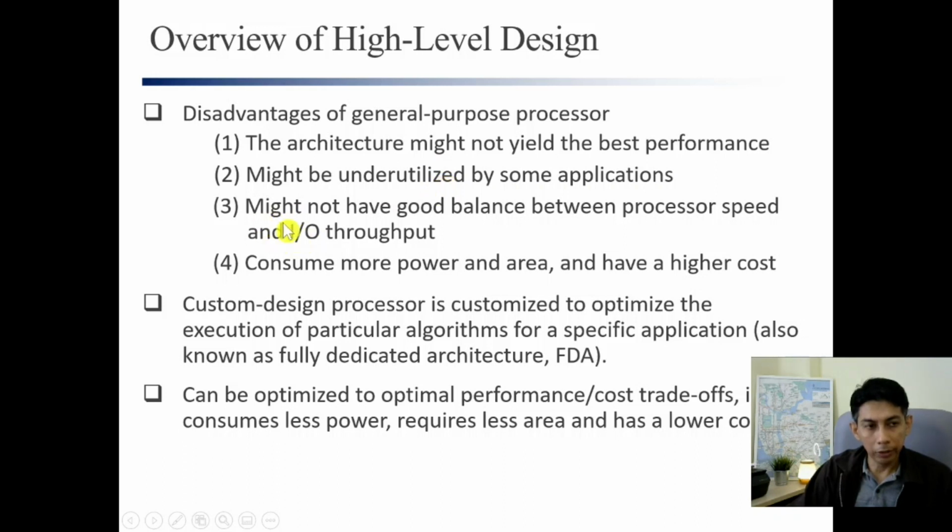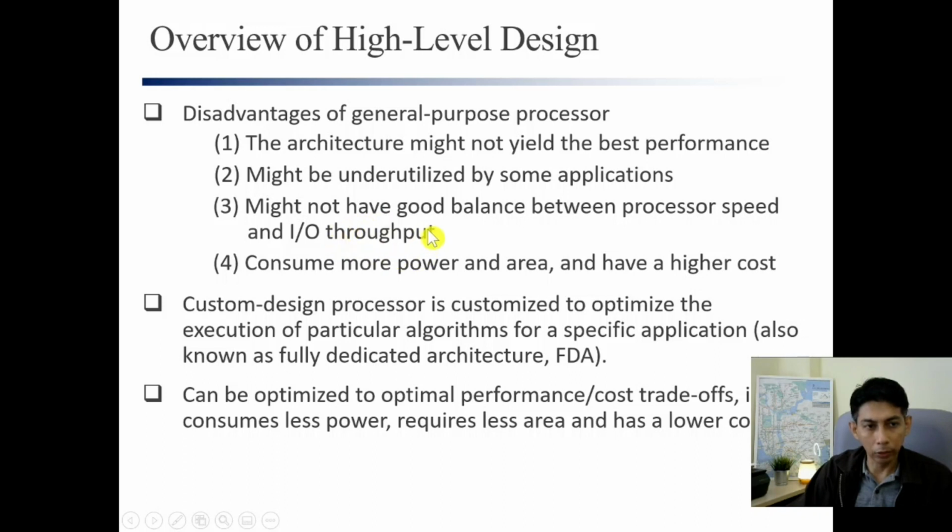And for number 3, might not have good balance between processor speed and I/O throughput. All right. So the processor is normally designed to run at very fast speed. That's why it is expensive. But the I/O throughput, the throughput means the number of outputs or results that your system can produce in one unit time.